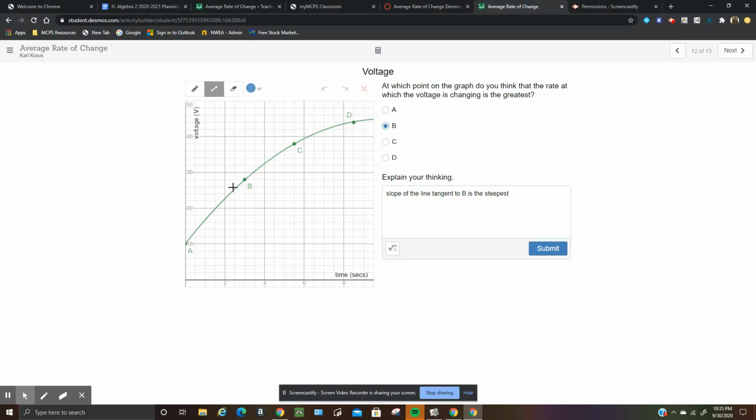Let's see if I can illustrate that. So here's B, and then C looks something like this, and then D is even flatter. So steepest, less steep, and the least steep.